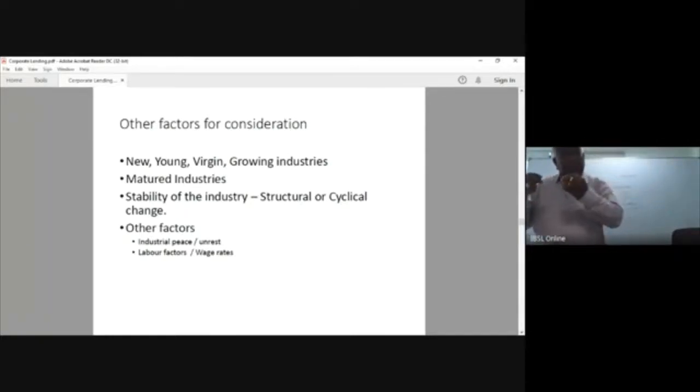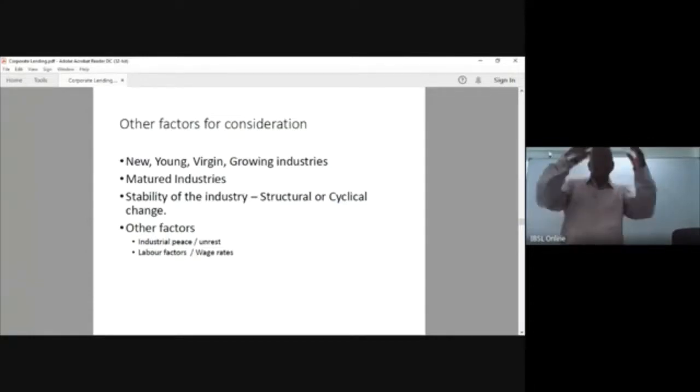The efficient and effective companies can expand, while other weak companies may collapse. So you have to look at who your customer is. If your customer is an effective, efficient company operating within the industry, though it is matured, they can survive and go on. If your customer is weak, then they may collapse within this matured industry.